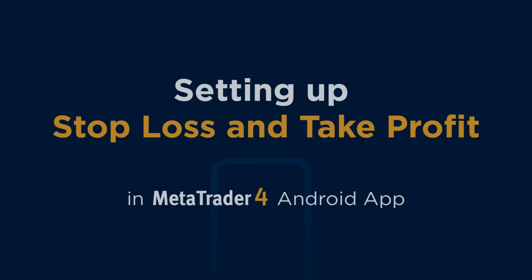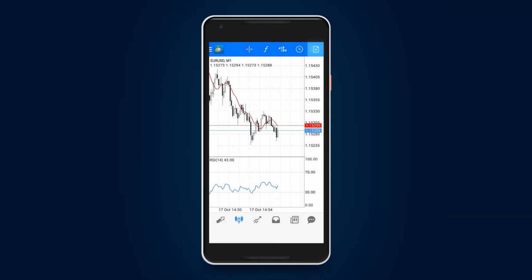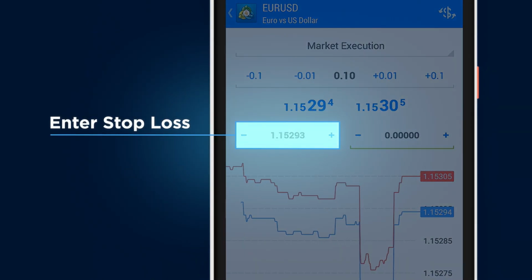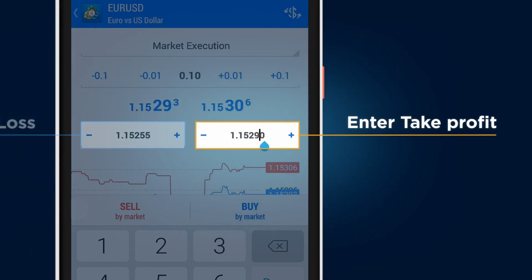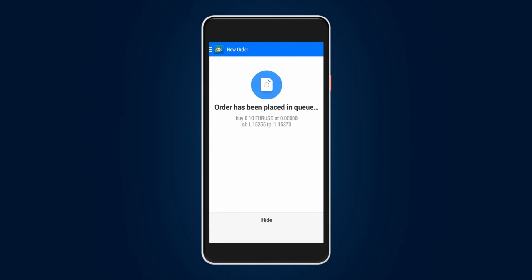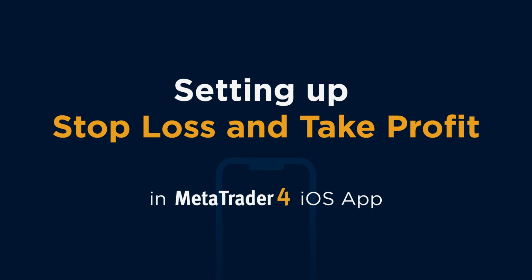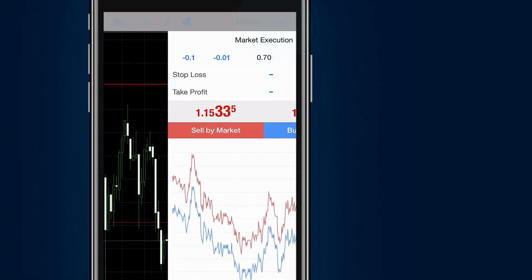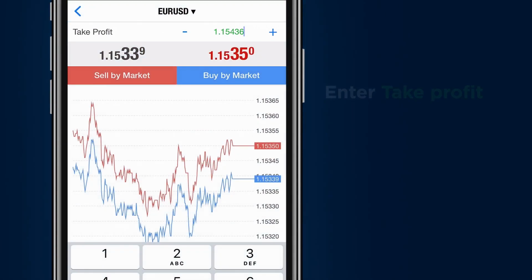For the Android version of MetaTrader 4, enter the stop loss level in the field underlined with red and the take profit level in the field underlined with green. For iOS version of MetaTrader 4, enter the stop loss and take profit levels in the fields with the corresponding labels.